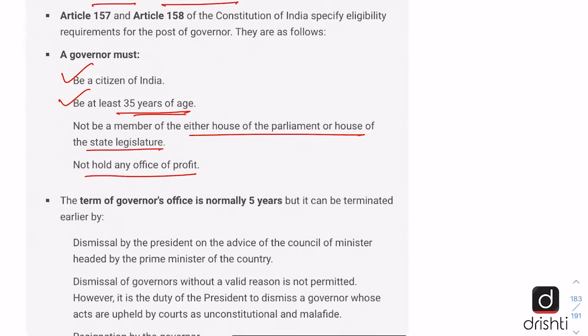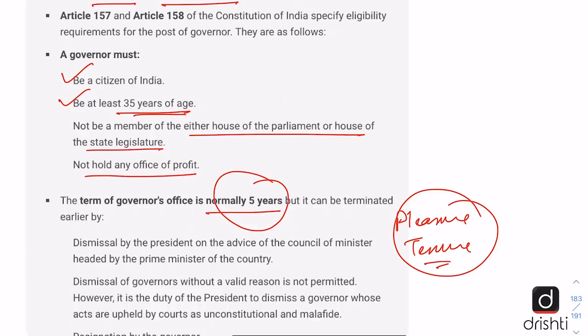The term of the governor's office is normally 5 years, but it can be terminated earlier also because the governor has a pleasure tenure. He or she holds office during the pleasure of the president, and the pleasure can be withdrawn by the president anytime. So there is no security of tenure for the governor.